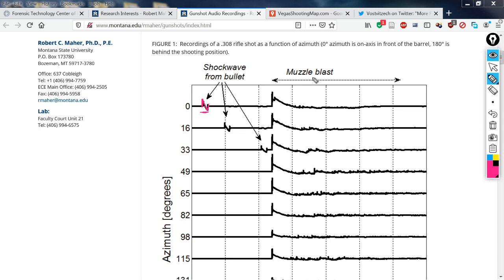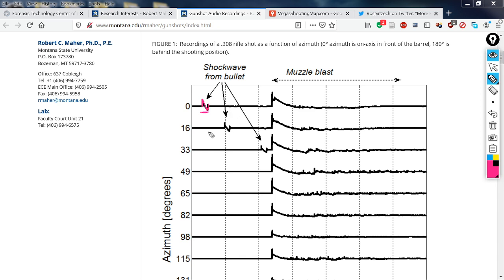And to characterize the muzzle blast, you can see it is much, much wider. It's two to three times, maybe even more if you consider some of the tail parts over here, wider than the supersonic crack. And I'll show you what those things look like when I get into a frequency display of them.